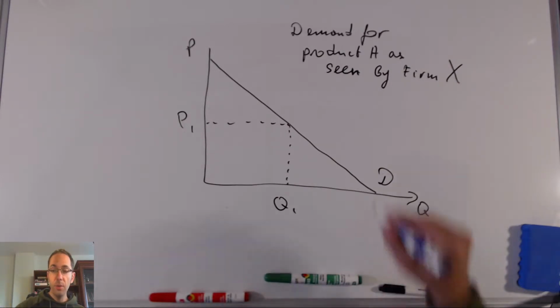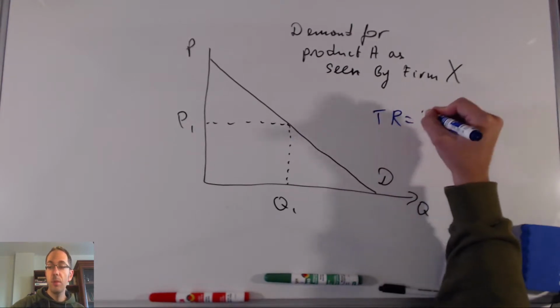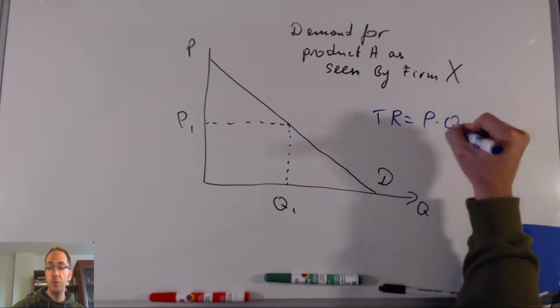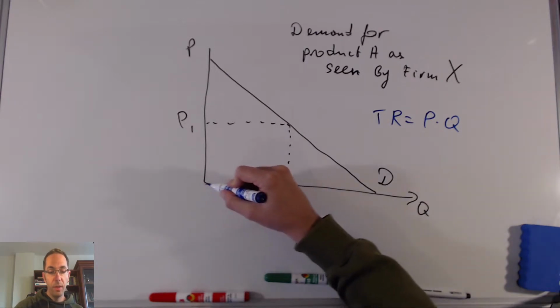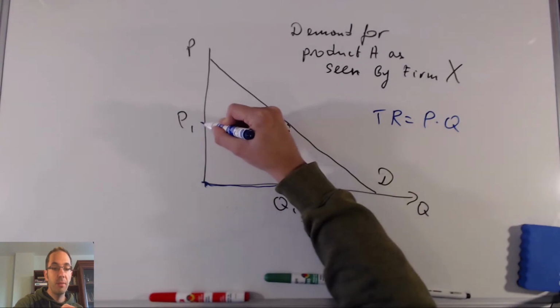Since the formula for total revenue was given as P times Q, we can see that we have our Q here and we have our P here.